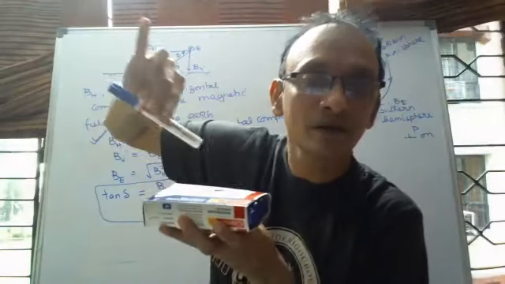Locus of points P on the surface of the earth having the same declination alpha is called isogonic lines.